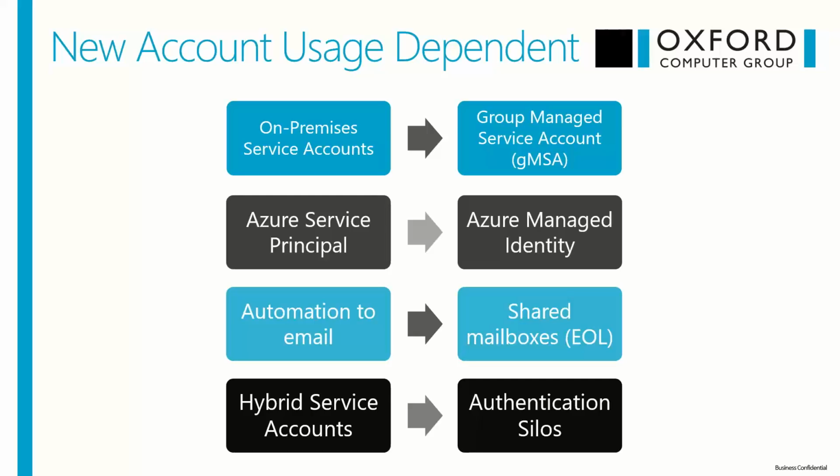And what we do for those is what Microsoft calls authentication silos. And what those are is a group policy object that does exactly what the group managed service accounts do in limiting where we can run that service account. So we can't protect it beyond putting the eggs all in one basket, right?